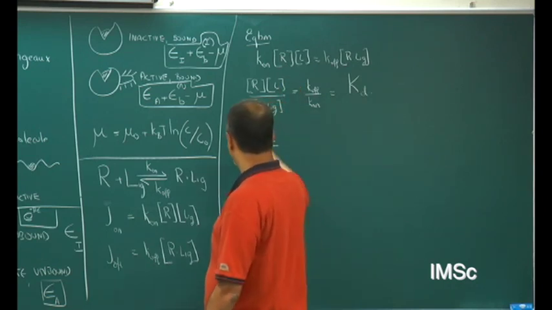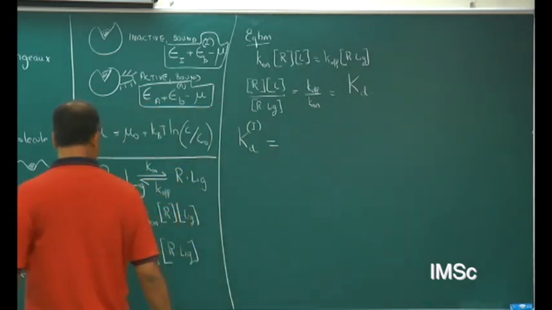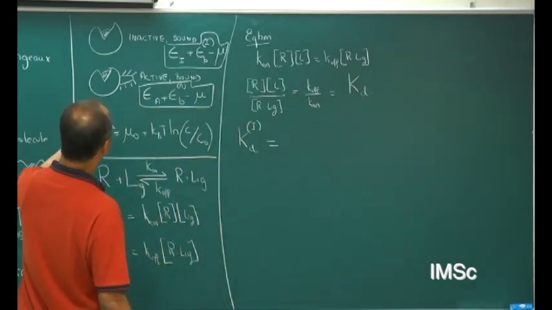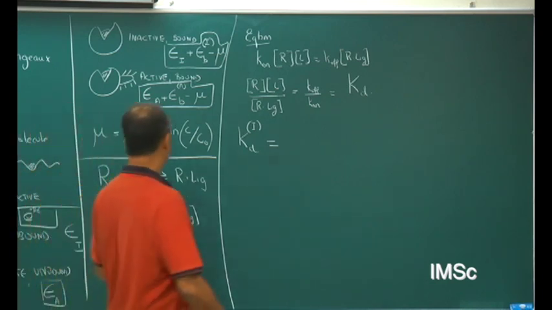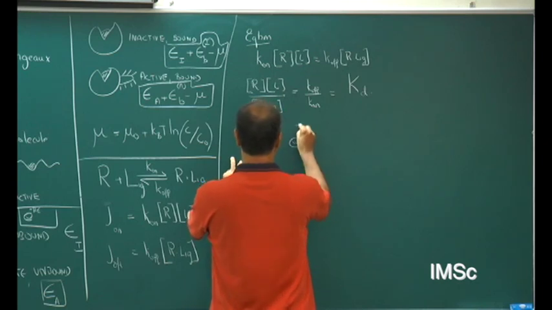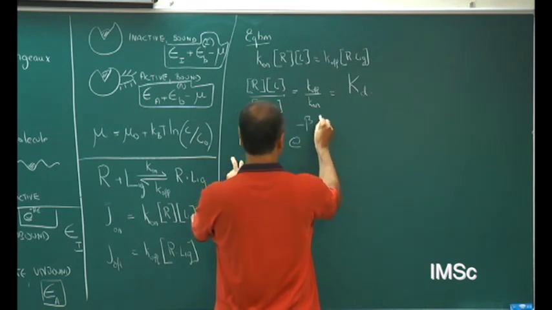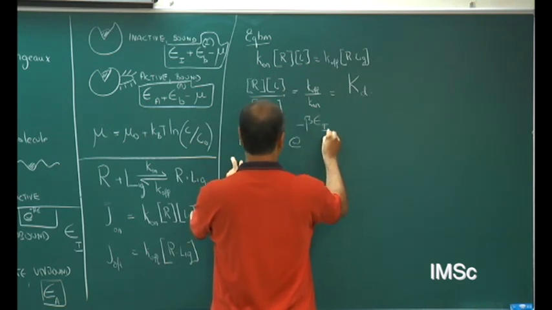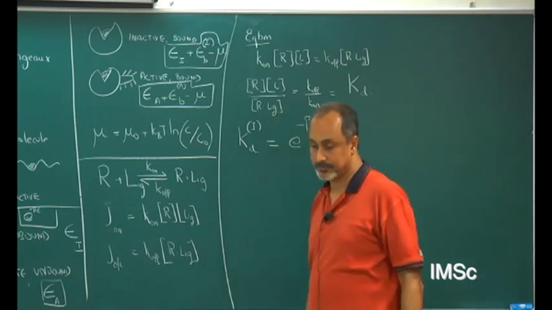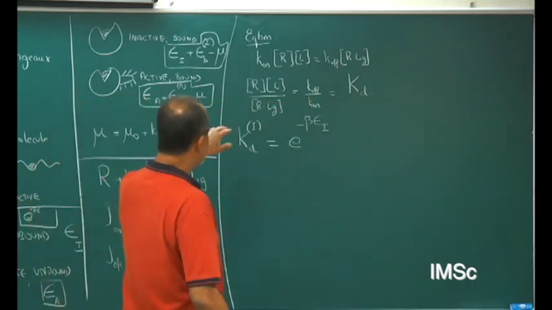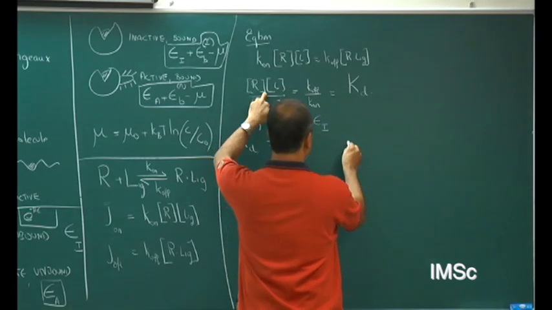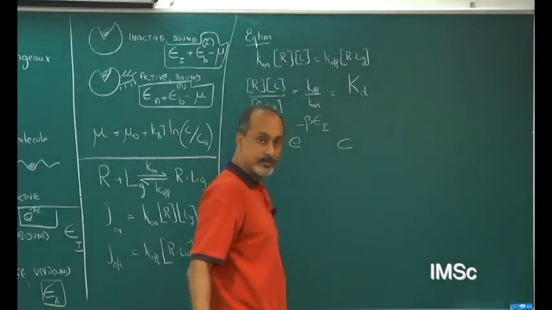This quantity is proportional to this Boltzmann factor over here, the inactive unbound Boltzmann factor, which is exponential of minus beta times epsilon I. The concentration of ligand we know, that is just C by definition.